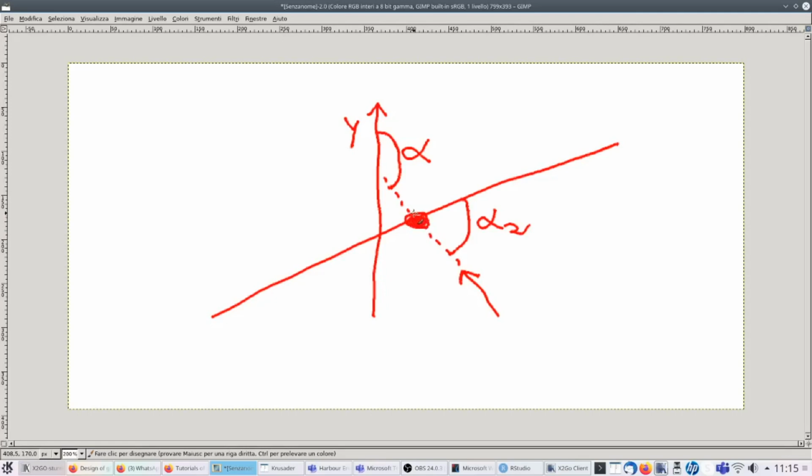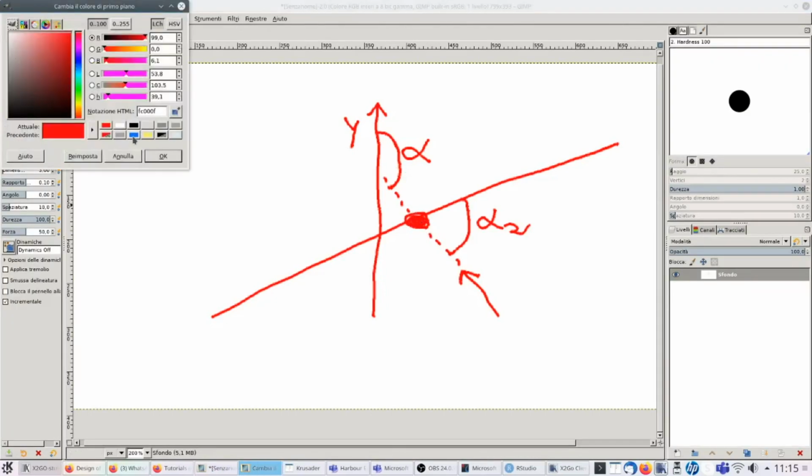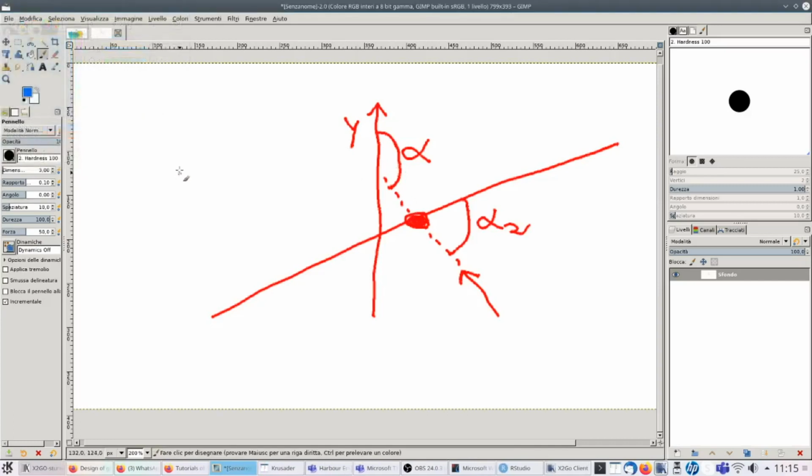In order to compute this angle, if I am referring to this x coordinate here, let me change the color of my pencil. I refer to the two neighboring coordinates here, and then I am computing the difference in x.